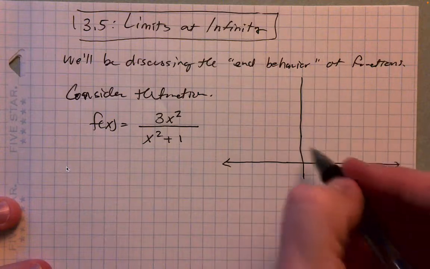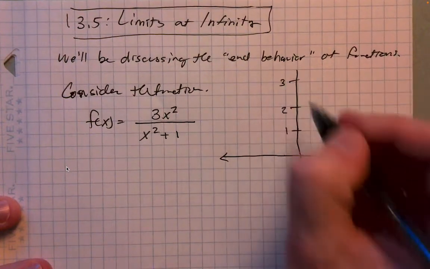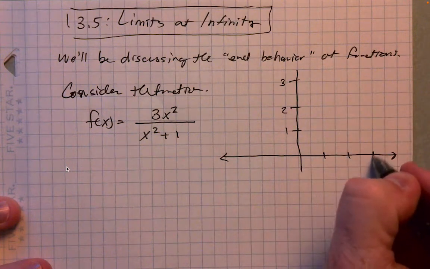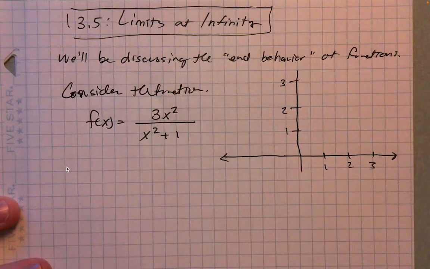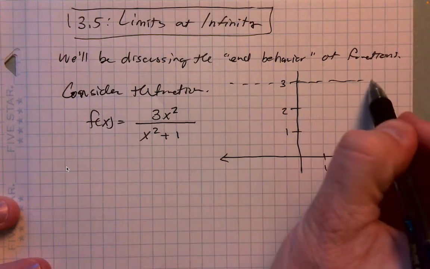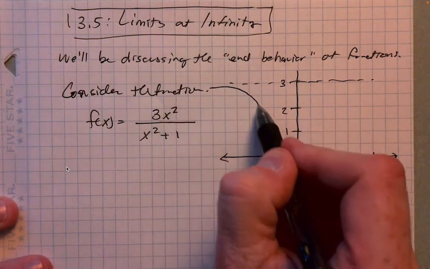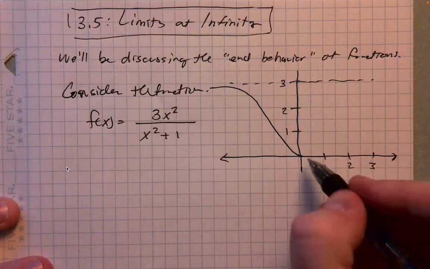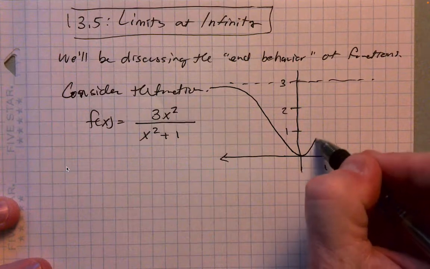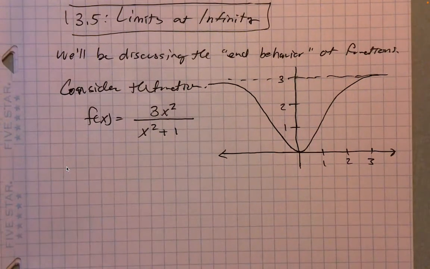Here we'll have 1, 2, 3 on the y-axis, and of course we'll do the same thing here, 1, 2, 3. The x-axis will be less important here, but one of the things we'll see is that this function is going to start up here close to 3, dip down to 0, and then do the mirror image on the other side.